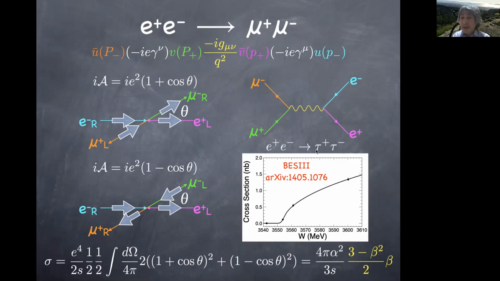Using this tau, which has a fairly heavy mass, even heavier than the proton, you have this beta behavior coming in. This is something you can compute yourself if you retain the finite mass of the final state particle. And then the experimental data and theoretical curves match exactly with each other. This is the way you can actually measure the mass of this particle called tau.